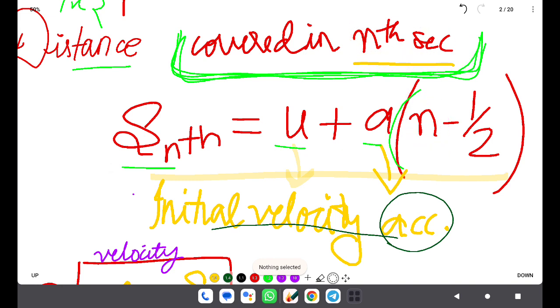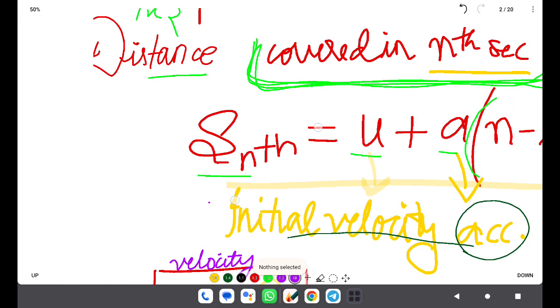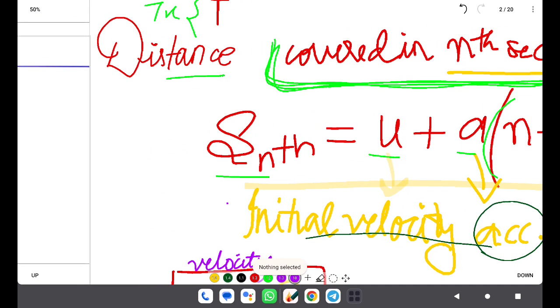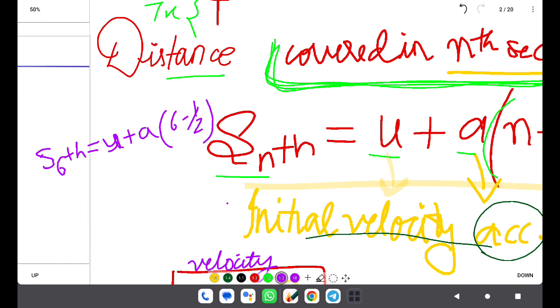For example, if I say the distance covered in the sixth second, it will be u plus the constant acceleration times (6 minus 1) by 2. Like this, we will apply the formula.